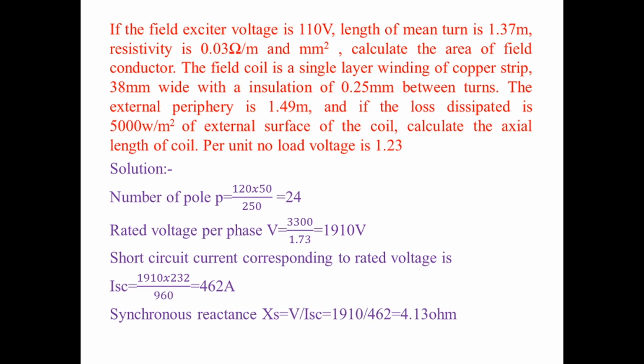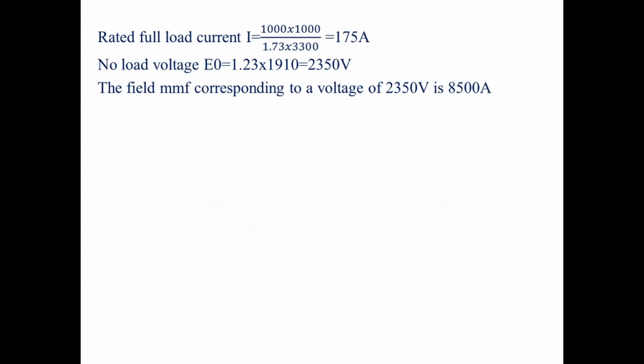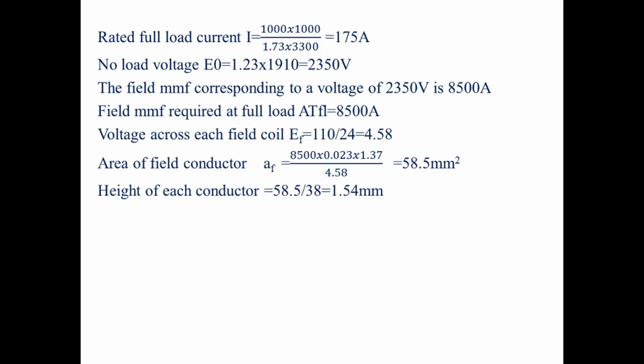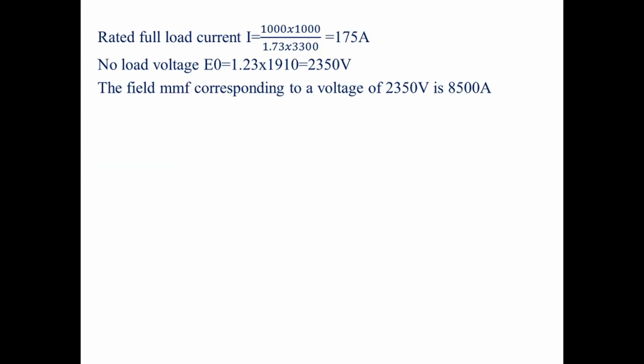Now synchronous reactance XSC is given by V divided by ISC. So V is 1910 divided by ISC, short circuit current, that is 462 amps. So 4.13 ohm is the synchronous reactance value. So rated full load current I can be calculated as 1000 kVA.